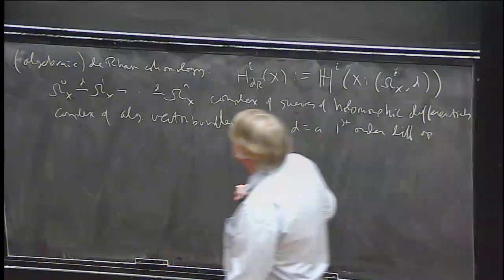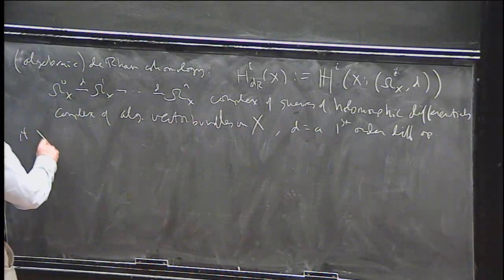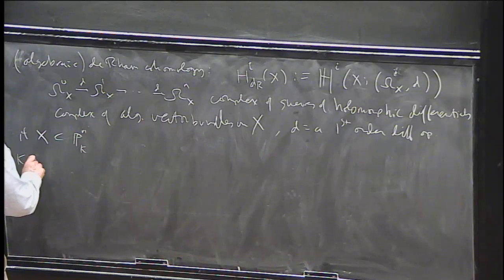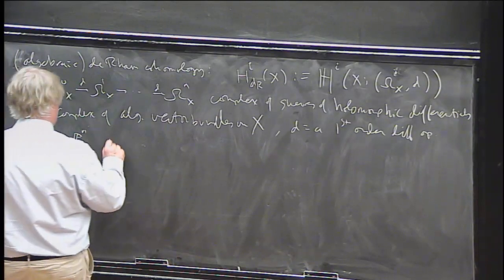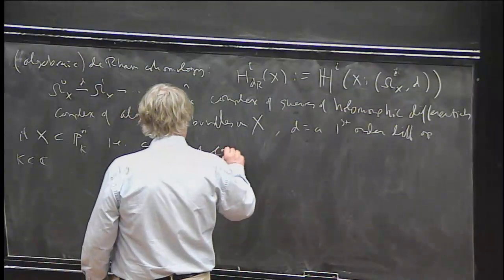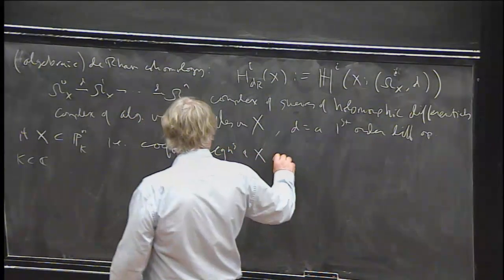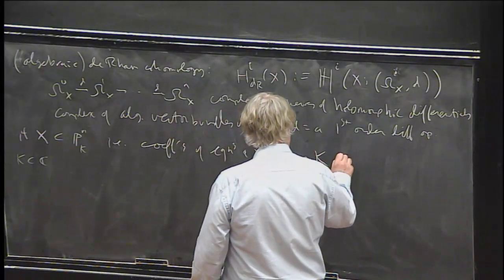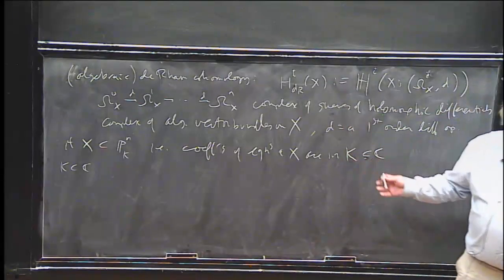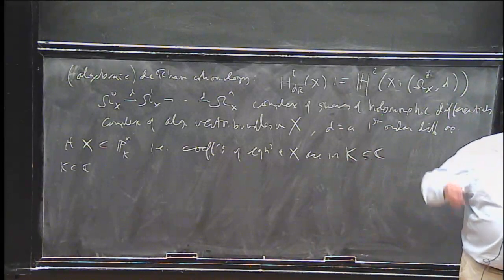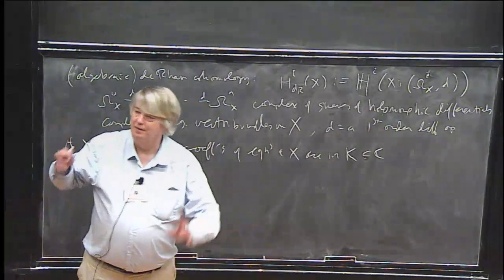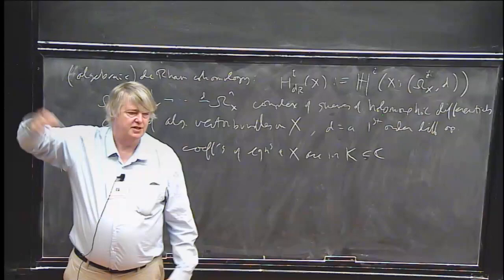One of the things that this means is that X is really defined inside some P^n over some field K, a subfield of the complex numbers. In other words, the coefficients of the equations of X are in some field K. That field is always going to be relatively small, because there are only finitely many equations, by the Noetherian property, and each equation has only finitely many coefficients.